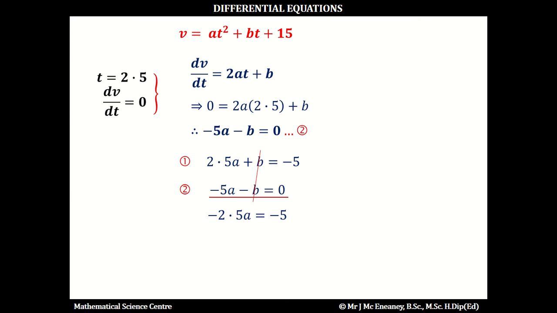This means the a value equals 2. To find the b value, we can substitute that value for a into equation 1 or equation number 2. Now I've used equation number 1 and this gives 2.5 by 2 plus b equals minus 5. And this means then b equals minus 10. So we found a value for a, b and c.